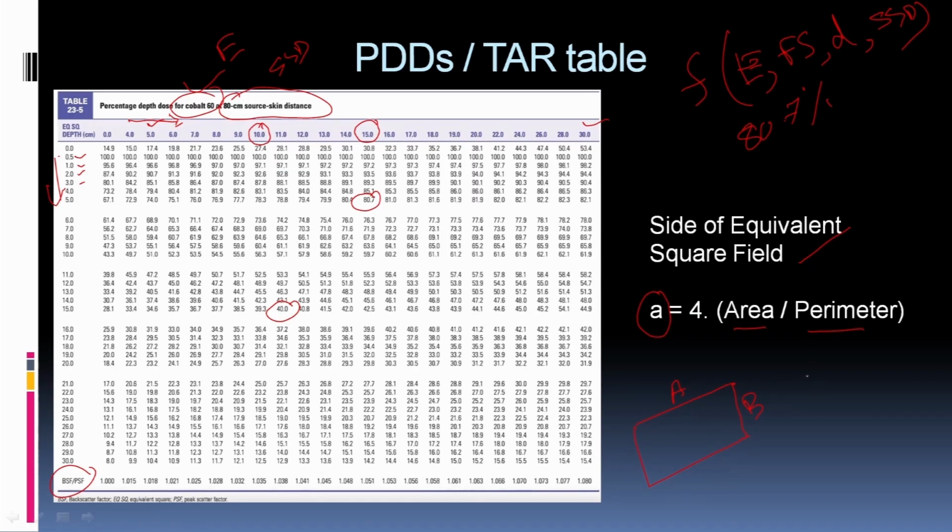It is 4 multiplied by A times B divided by 2 times (A plus B), or you can write it as 2 times A times B divided by (A plus B). This is the side of the equivalent square field of the rectangular field with length A and width B.